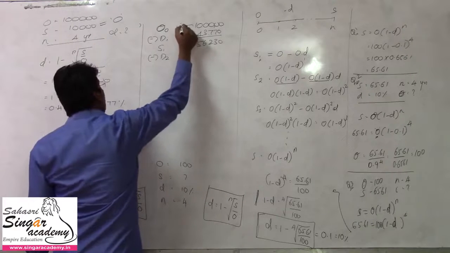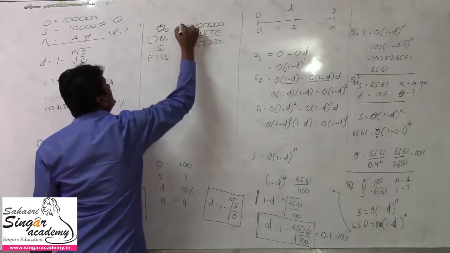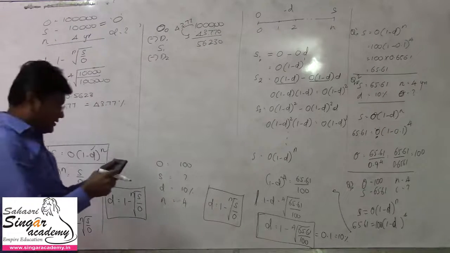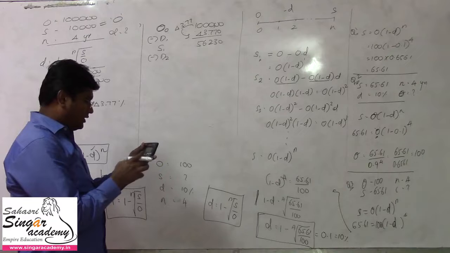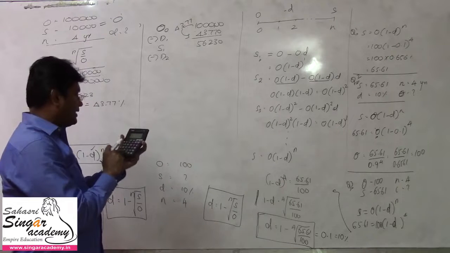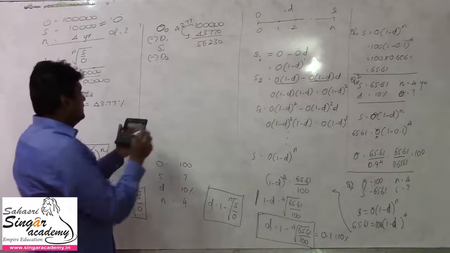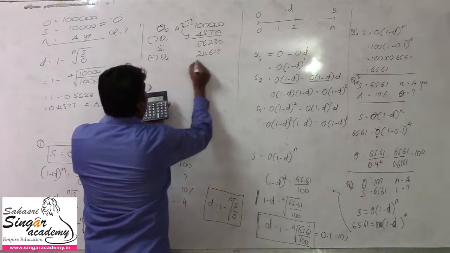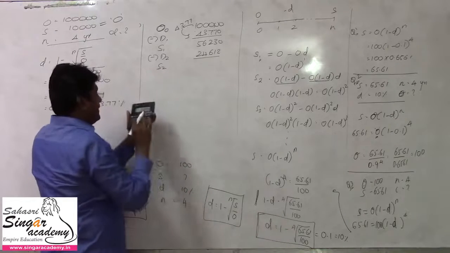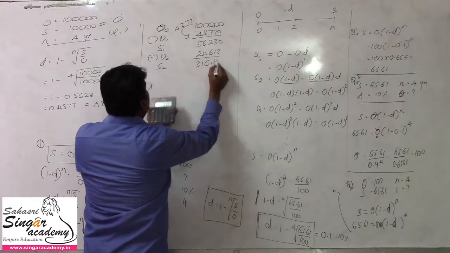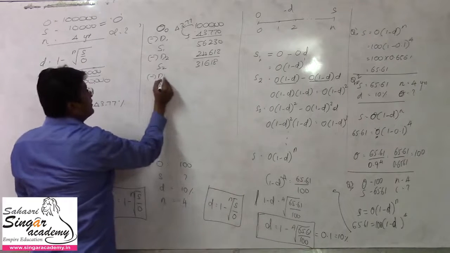What rate did we find? 43.77%, right? So on 56,230, I apply the same 43.77%, and this will be 24,612. So scrap for the second year will be 31,618. Now minus depreciation for the third year.